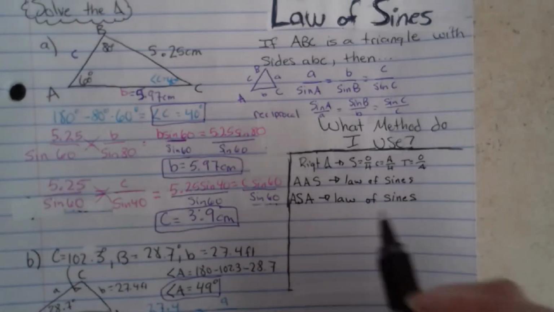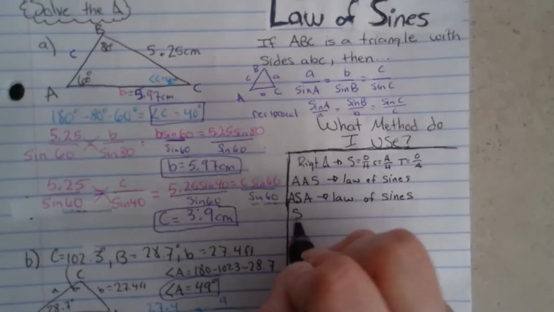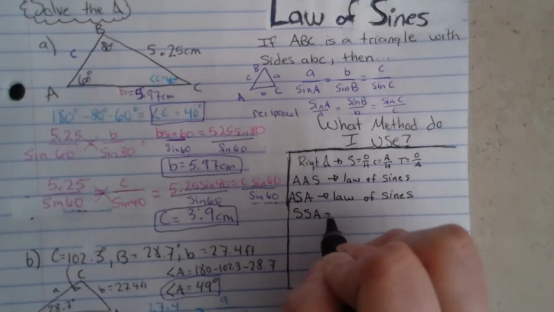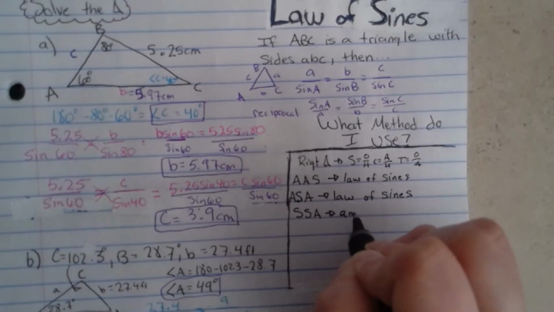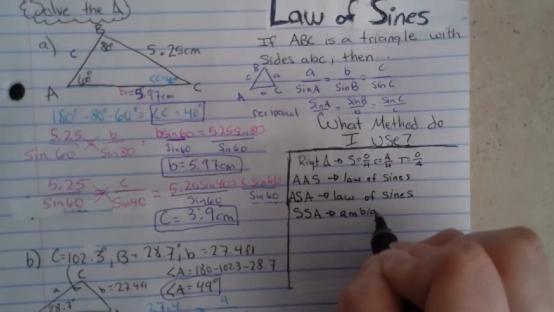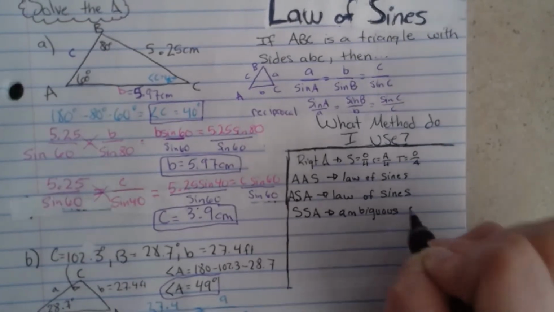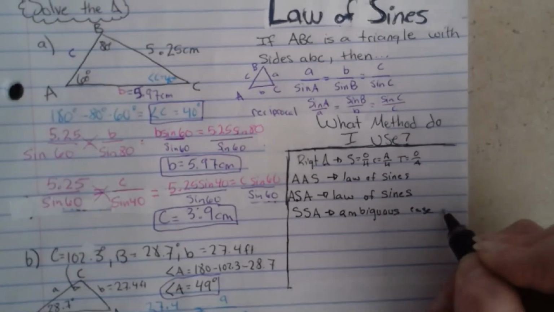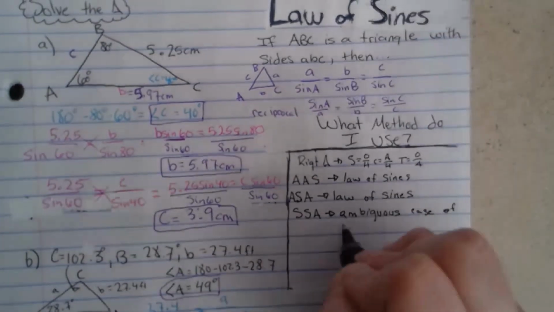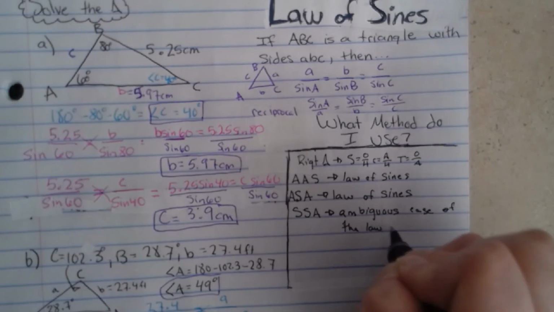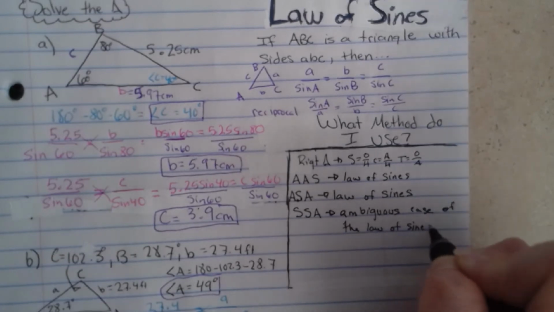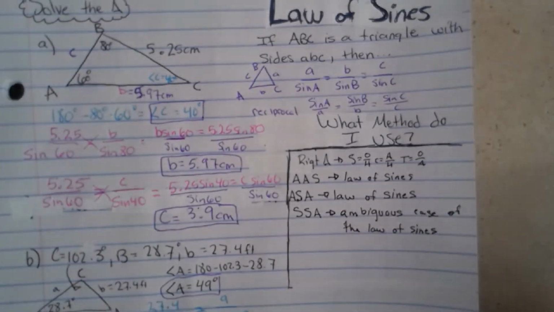There's this ambiguous case. If we're given side, side, angle, we call this an ambiguous case of the law of sines, and we will be doing that one on Monday.